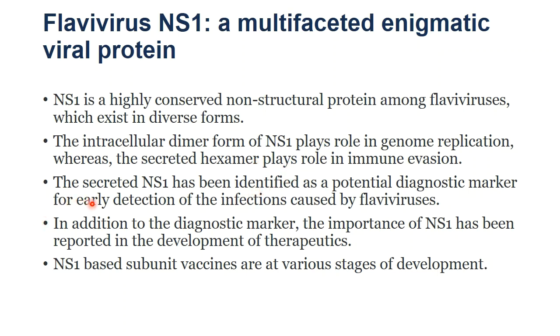The secreted NS1 has been identified as a potential diagnostic marker in the early detection of infections caused by flavivirus. In addition to the diagnostic marker, the importance of NS1 has been reported in the development of therapeutics. So NS1-based vaccines are at various stages of development.